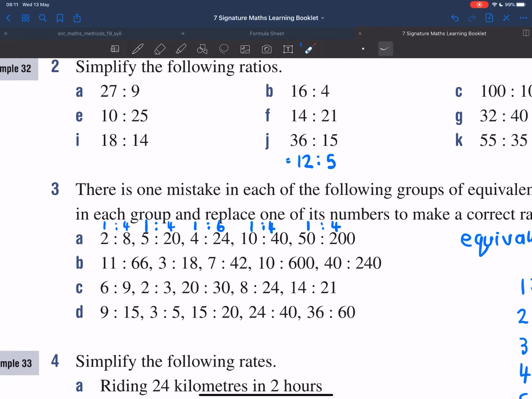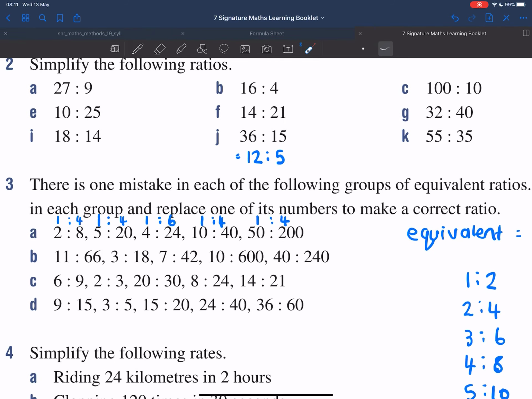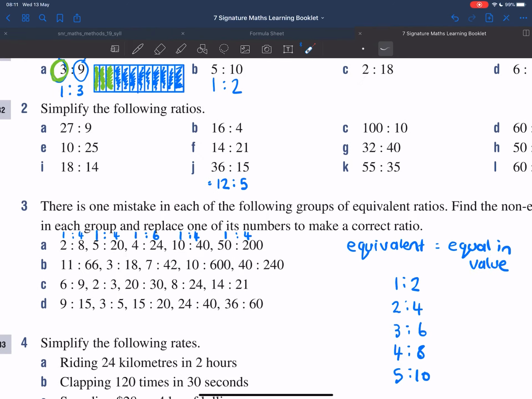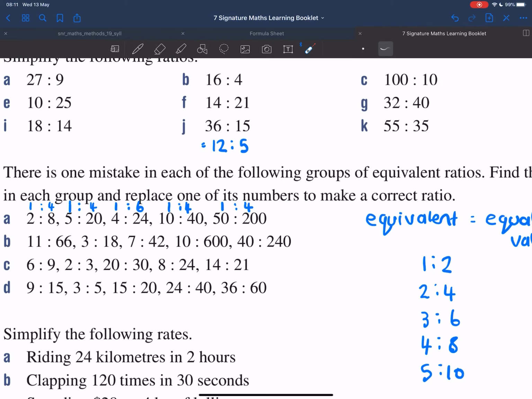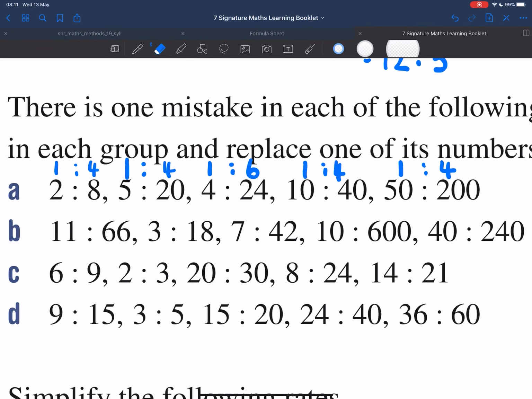Now, what does the question say again? Let's just zoom out. There we go. Find the non-equivalent ratio, which we did, in each group and replace one of its numbers to make a correct ratio. Okay, so we need to replace one of these numbers to make the answer, when we simplify, 1 to 4 instead of 1 to 6.